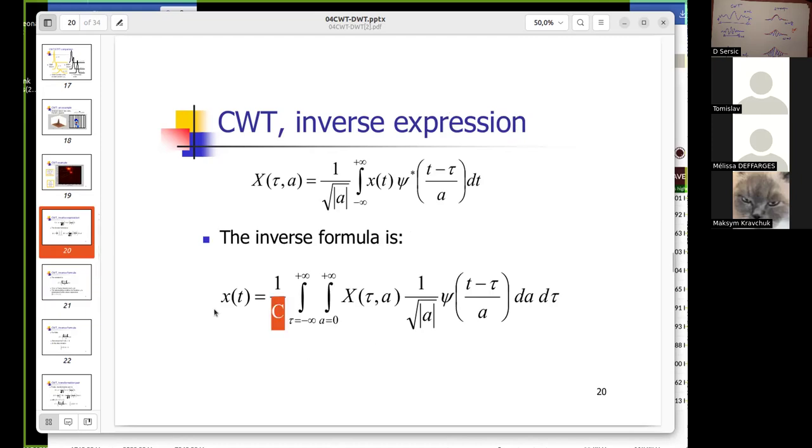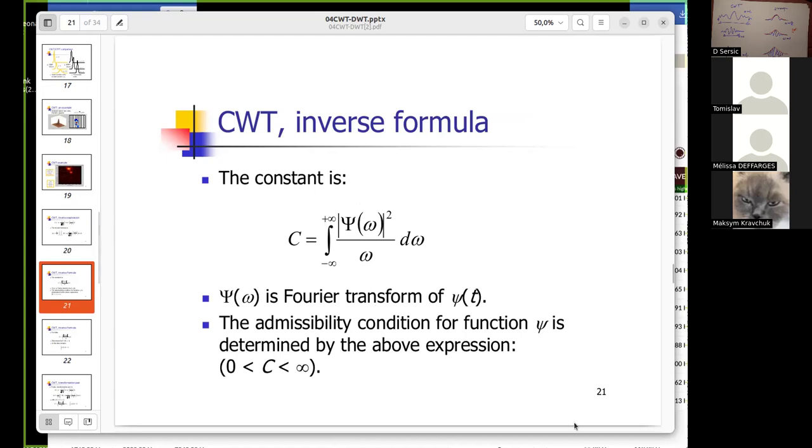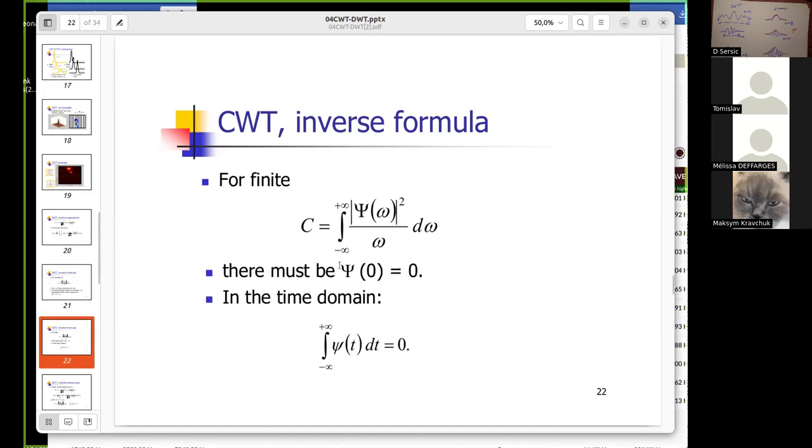This constant can be calculated using this equation, and this equation brings us to the conclusion that the DC component must be 0, because we have a denominator of 0, and the numerator must be 0 as well, if we want to get a definite constant.